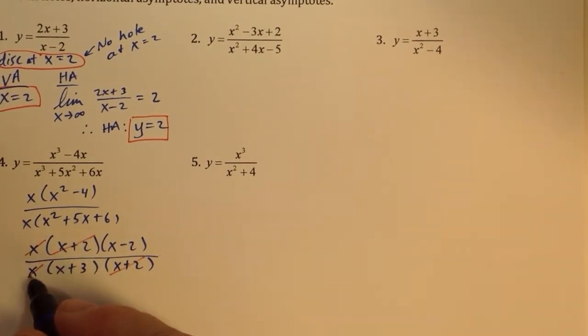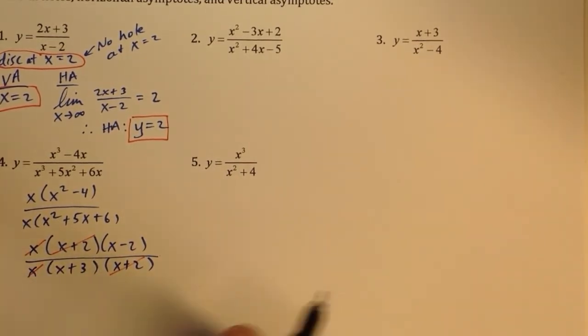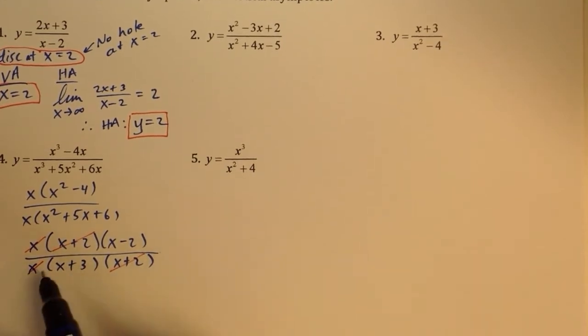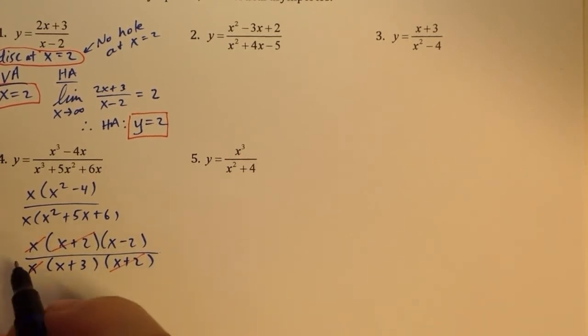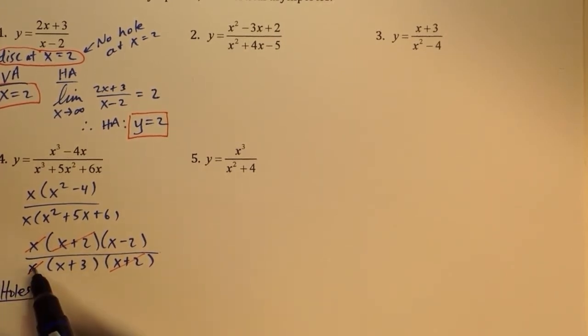So we saw that we canceled the x. If you remember that story I used to tell where all numbers want to be vertical asymptotes, well, the ones that get canceled go to the hole. So we see that the holes would occur when x is equal to the discontinuities.